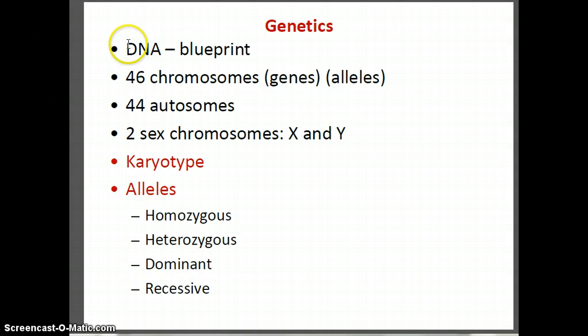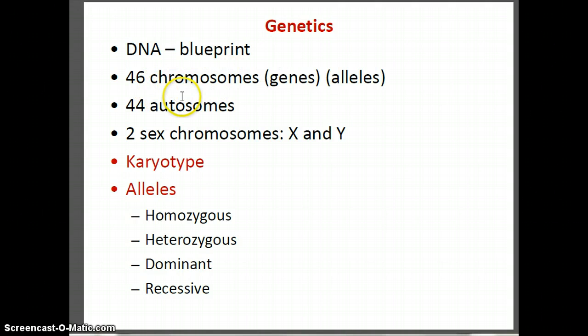DNA, or deoxyribonucleic acid, is the genetic blueprint for our bodies, for any living creature. There has been much work done on genetics, and now we do have a complete map of the human genome, which means we know what each chromosome contains and what information each chromosome codes for.